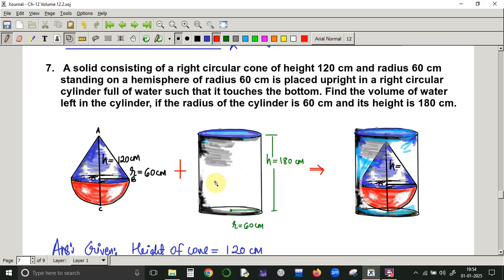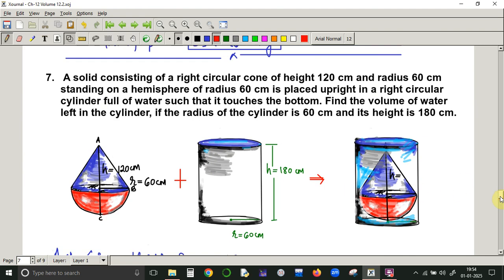The radius is same. So if we insert this inside this cylindrical vessel, the circumference is going to touch each other's circumference.